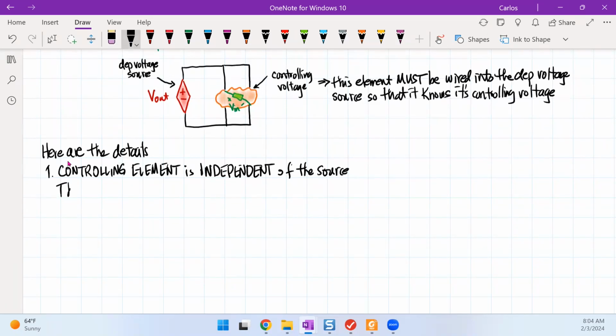So this is usually the voltage or current of a resistor.